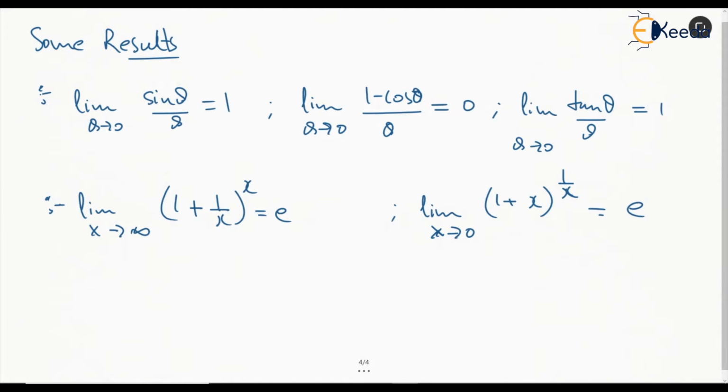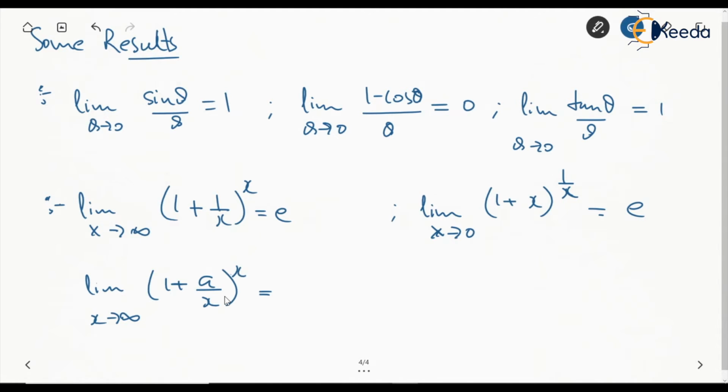There can be small modifications, and if we write limit (1 plus a by x) to the power of x, where x tends to infinity, then this can be given as e to the power a, and limit (1 plus a times x) to the power of 1 by x, where x tends to 0, is given by e to the power of a.